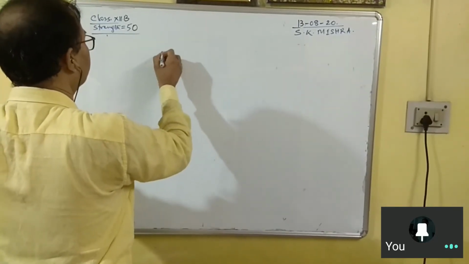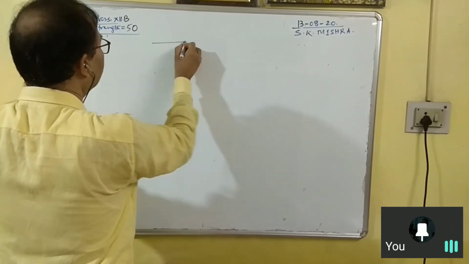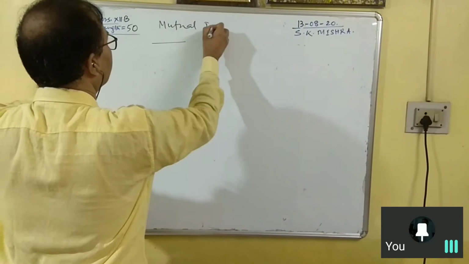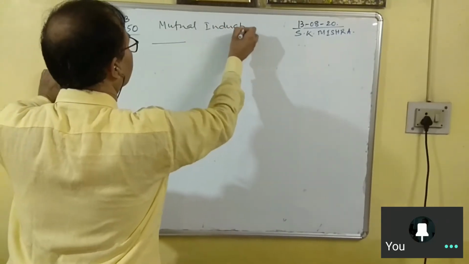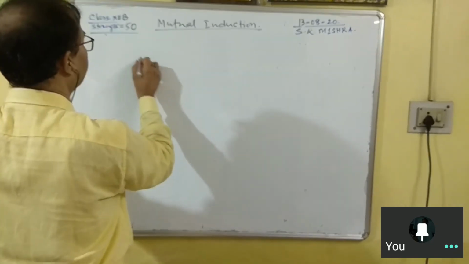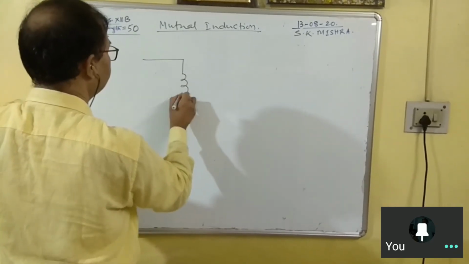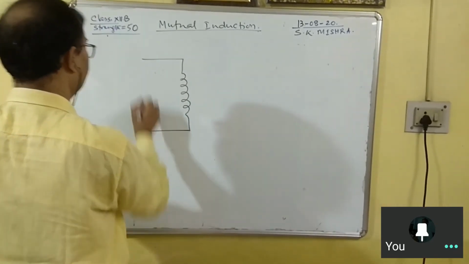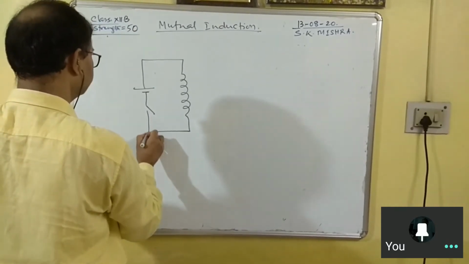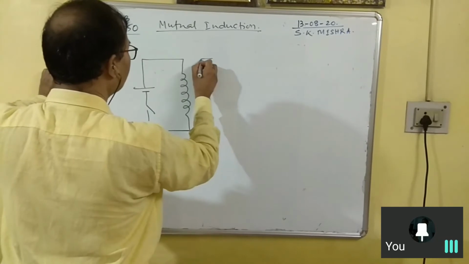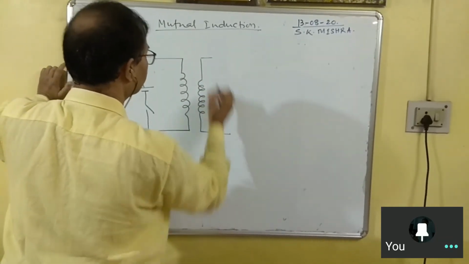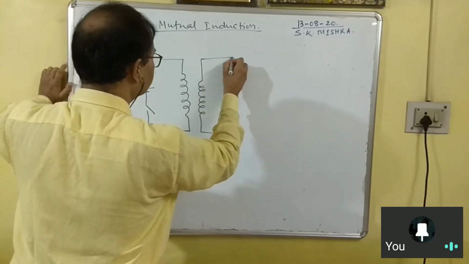Suppose you have a coil. Here is a battery and a key. And another coil is placed very near to the first coil, and a galvanometer. This is the galvanometer with pointer.